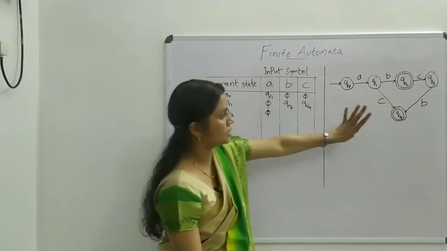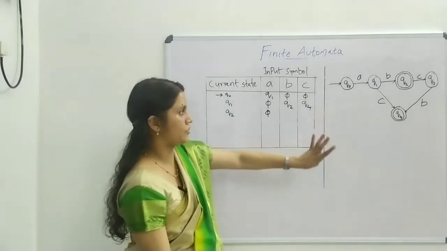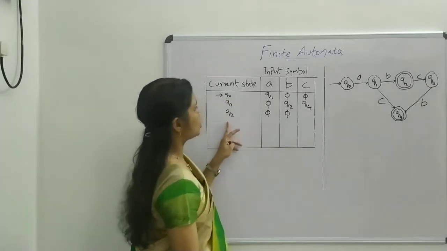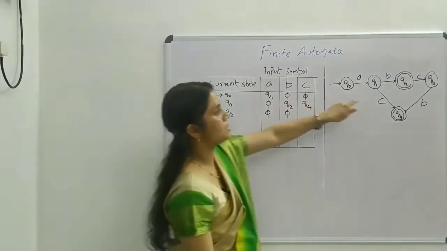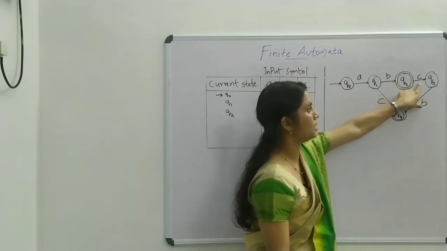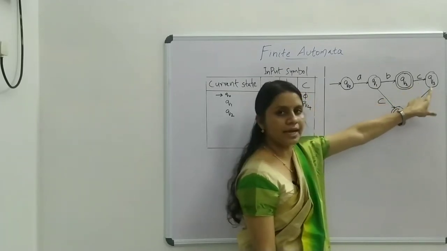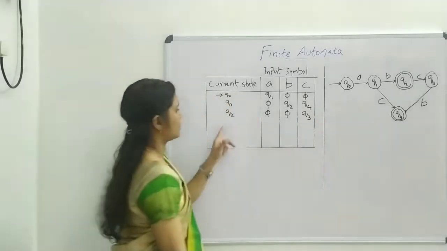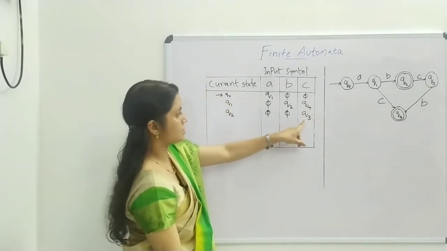No, there is no transition on B. Then Q2 on the input symbol C, there is a transition: it moves to the state Q3. Next state is Q3.